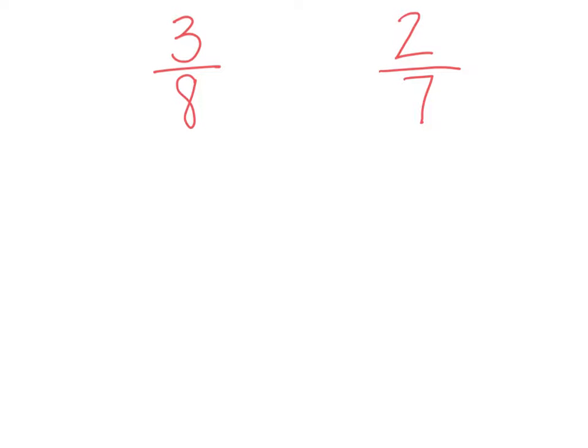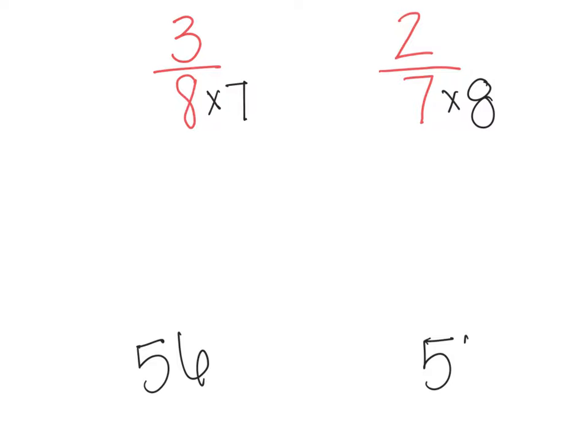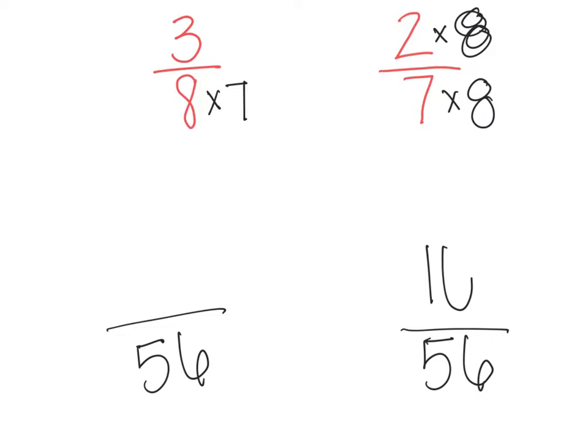Next, we're going to get a common denominator here. So I'm going to multiply the denominators by the opposite denominator. So 8 and 7. I'm going to multiply the 8 by 7, and then 7 times 8. And that'll give us a common denominator of 56. Now I need to go back and adjust my numerators. I multiplied the 7 times 8, so I have to multiply the 2 times 8, which gives me 16.